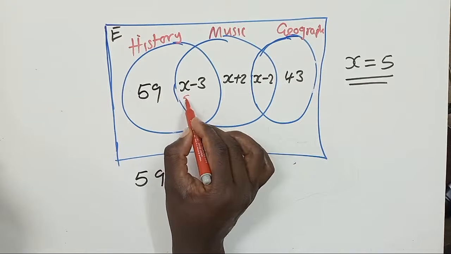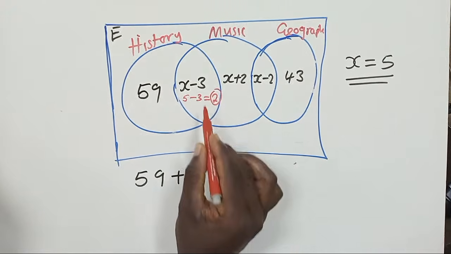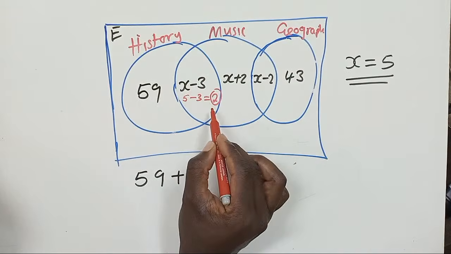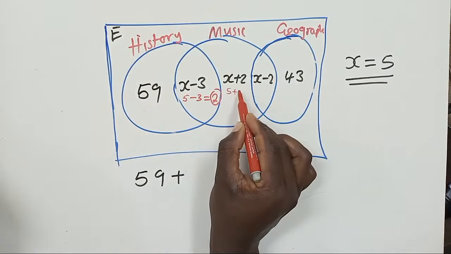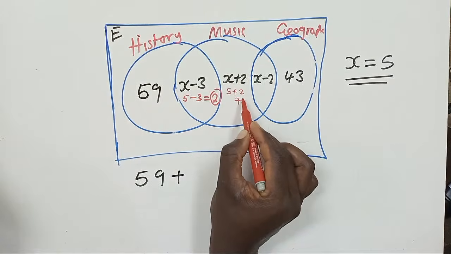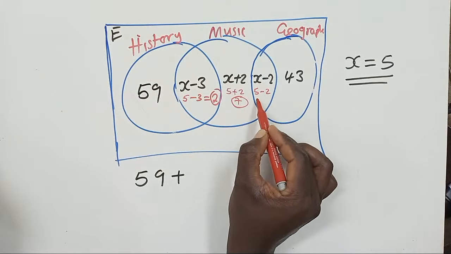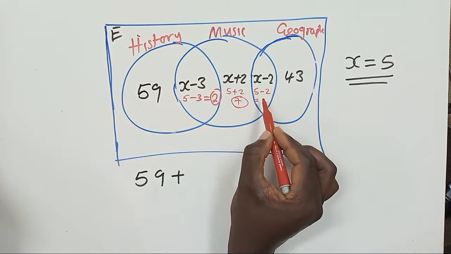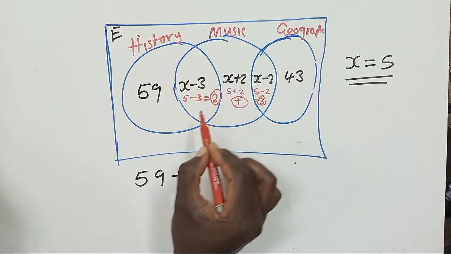So if we say 5 minus 3, we get a 2. So here it's a 2. And here, when we put a 5, we say 5 plus 2, we get a 7. So here it's a 7. 5 minus 2, we'll get a 3. So here it's a 3. So here is 3, 7, and a 2.